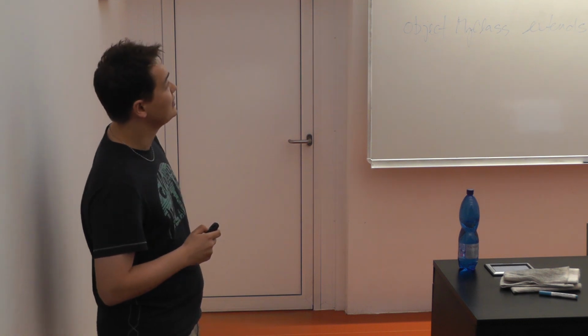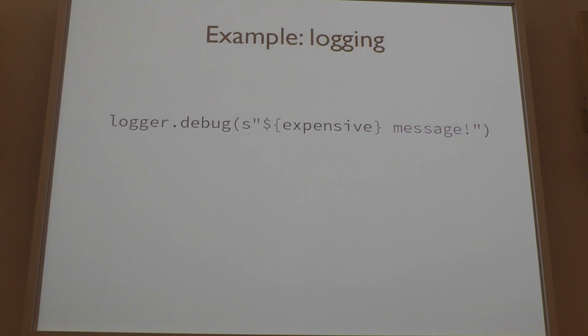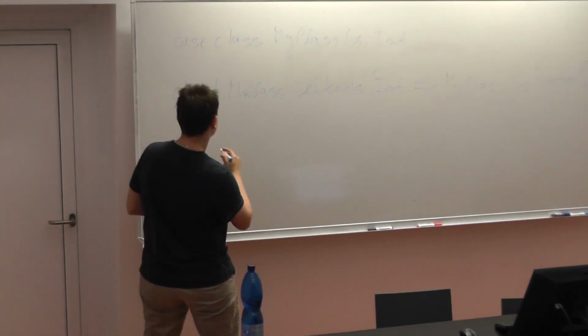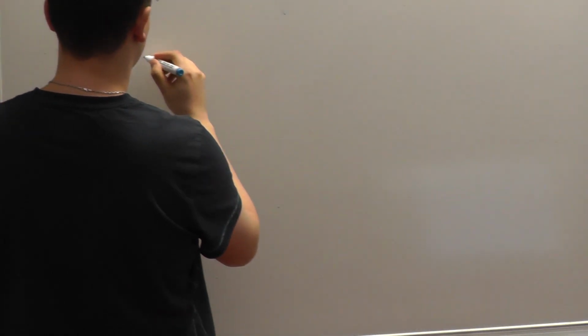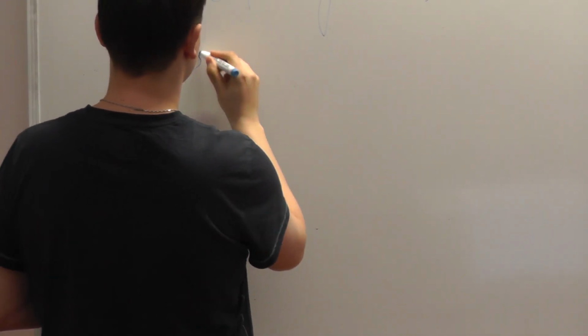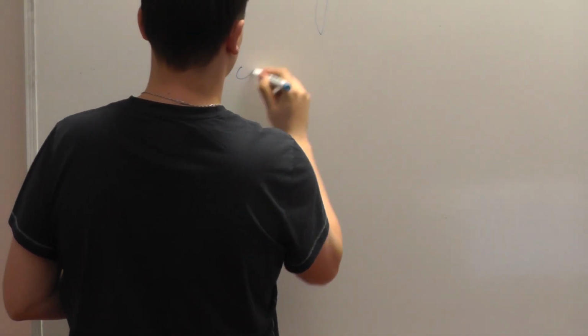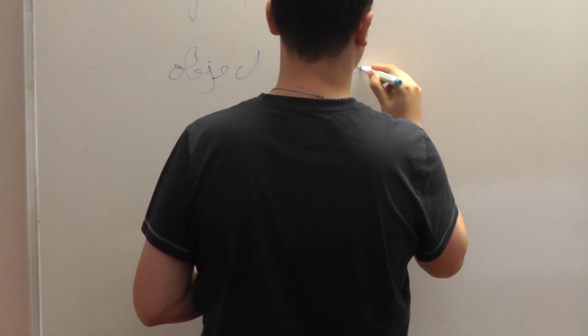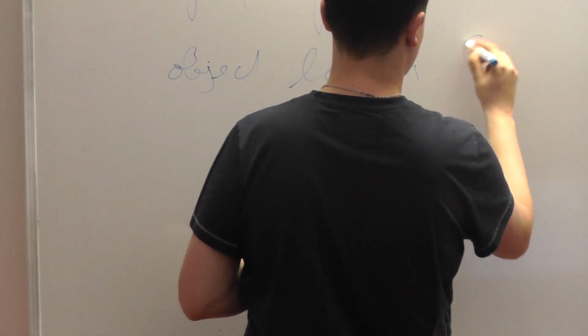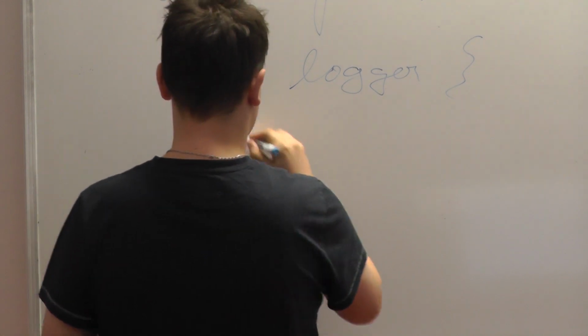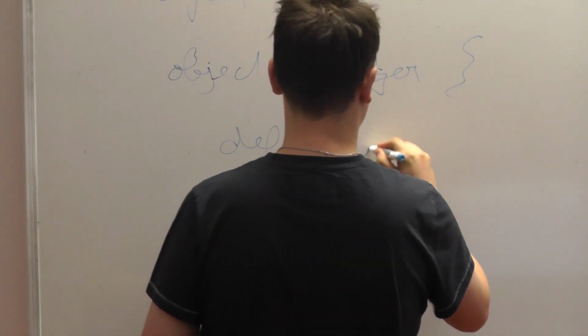Yeah. When you use a macro, you cannot distinguish it. But in the implementation, there's a special keyword called macro. So it would be something like, let's say this: you have an object Logger, and it implements the method debug.